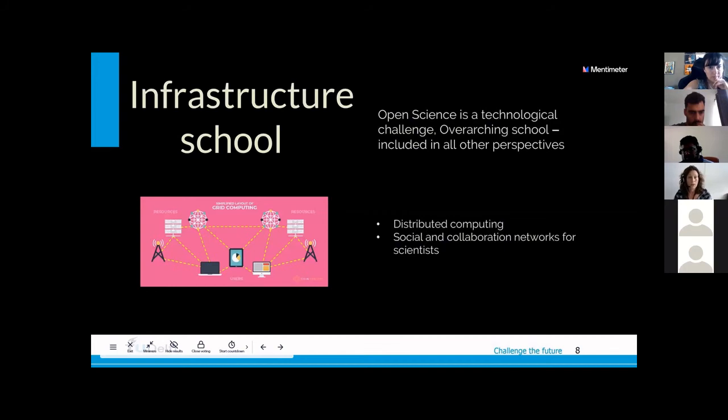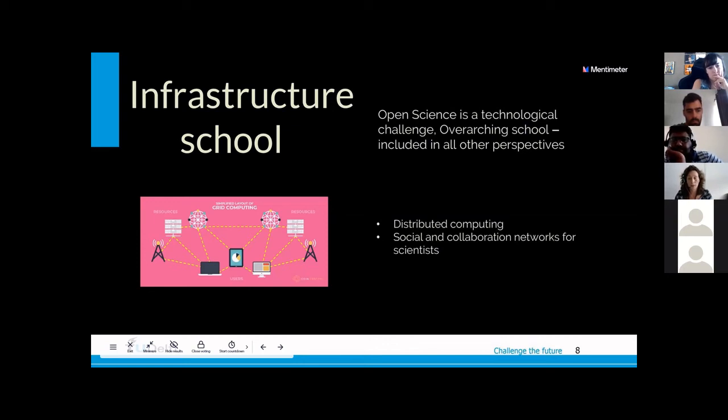The fourth huge category is the infrastructure school, which is focusing on open science as a technological challenge. So they actually put this category as an overarching category above all the other four, focusing on the scientific or the technological issues, how to make open science possible, how the different issues, open access and so on, can be achieved.